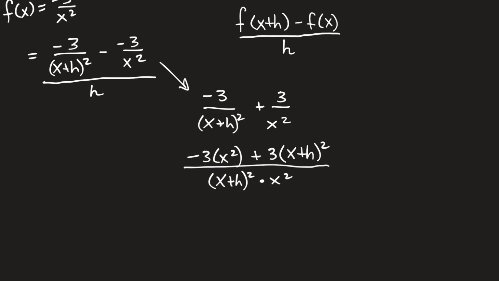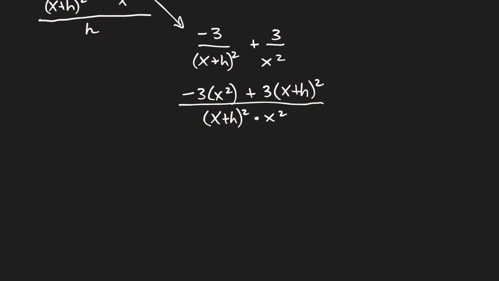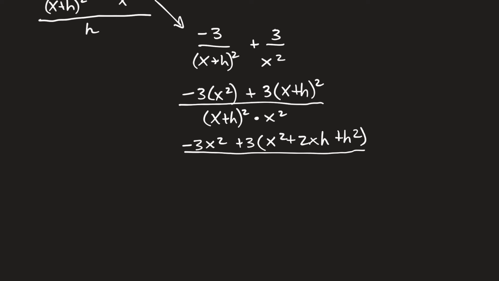Okay, so how about I start multiplying some stuff out here, and erasing some stuff down there. So let's see, this would be negative 3x squared plus 3 times, let's expand this out, x squared plus 2xh plus h squared, all over (x plus h) squared times x squared.